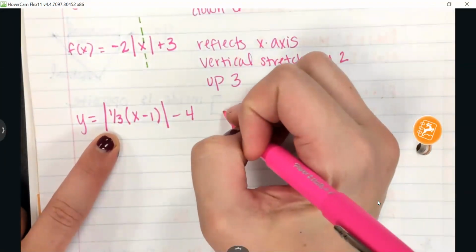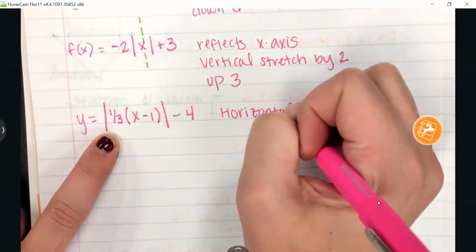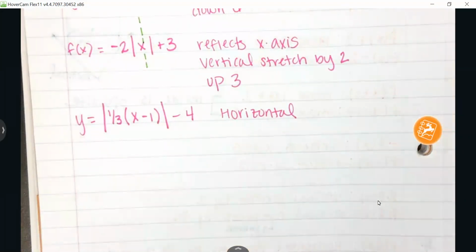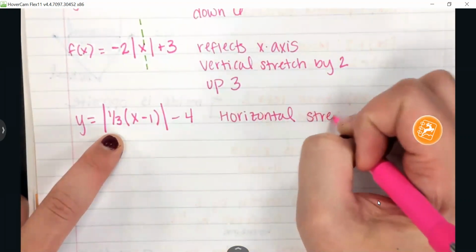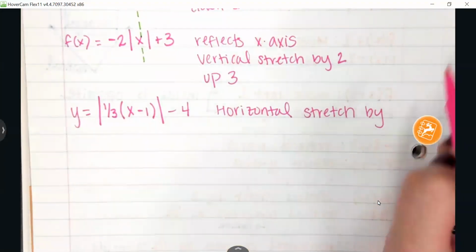Horizontal or vertical? Horizontal. Stretch or compress? Why is it a stretch? What do you know about inside? Inside is opposite. So it looks like it's a compress, but it's going to be a stretch. What is it stretching by? By 3. Very good.